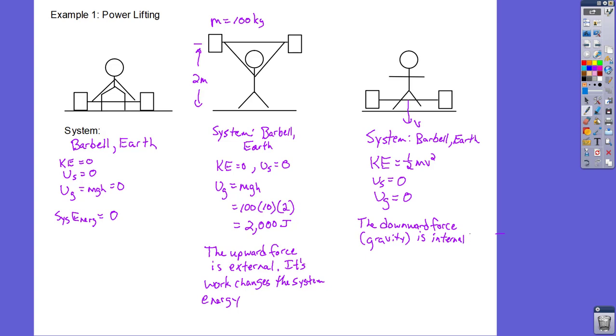That internal force is not going to change the energy of the system because the Earth is part of the system. So the system energy is still equal to 2,000 joules, and that's all kinetic energy. So now we have 2,000 joules equal to 1/2 times the mass, which is 100, times v squared.